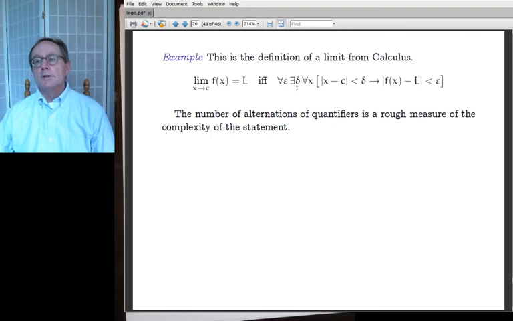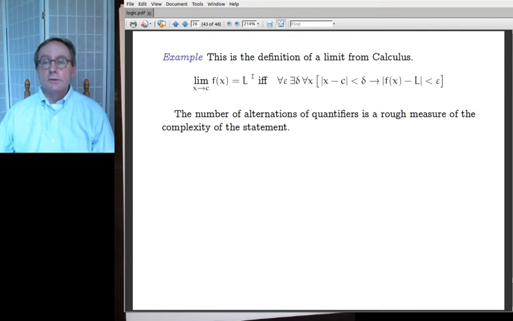So for all epsilon, there exists a delta such that for all x, and it says if the distance from x to c is less than delta, remember c, it's over here, then the distance from f of x to L is less than epsilon. And again, this is not calculus class.